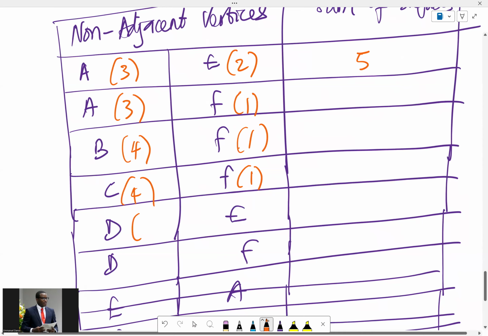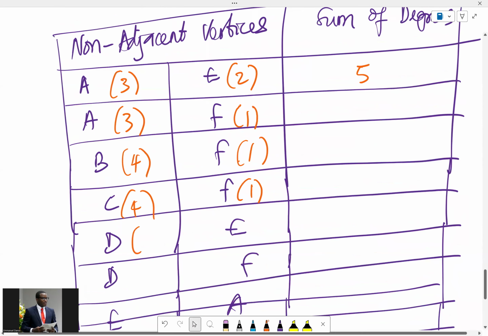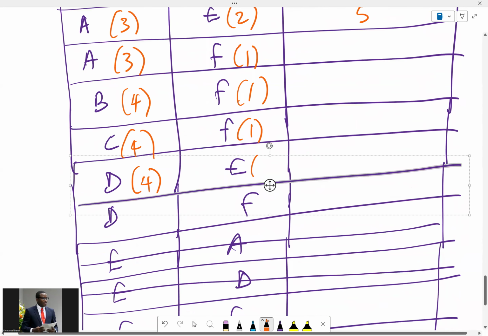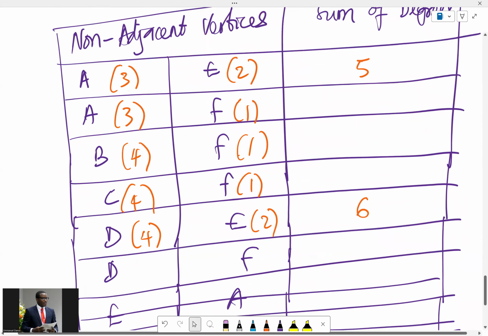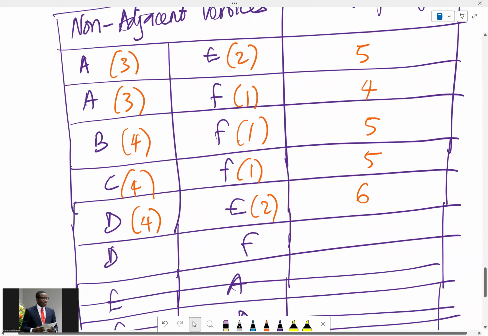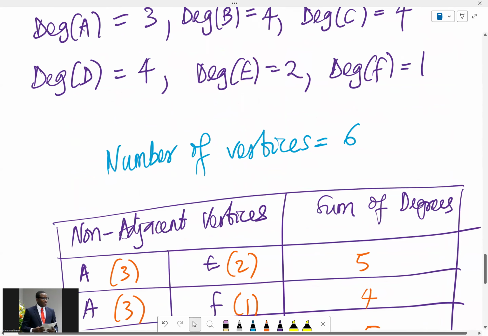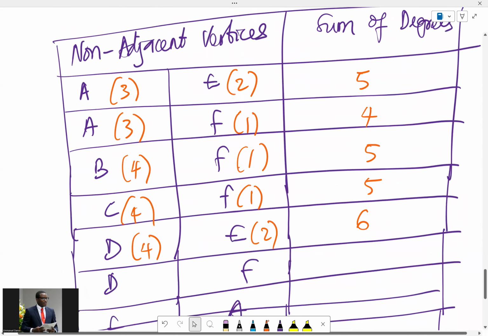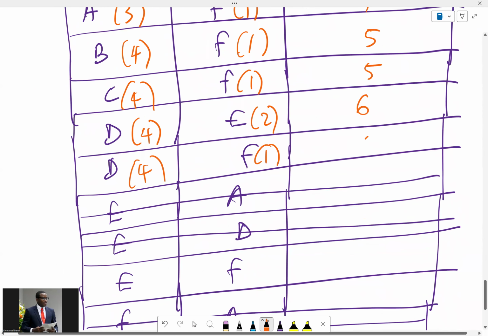The degree of D is 4, and the degree of E is 2. This meets the condition, right? So we have 4 and 2, which is 6. So only DE meets the condition. When we talk about DF, that's 4 and 1, which is 5.